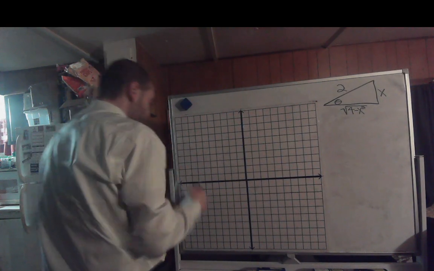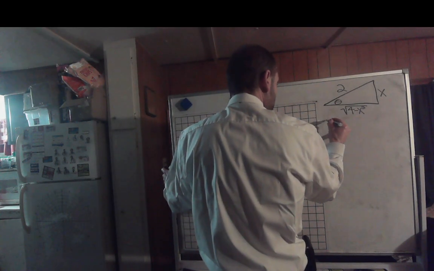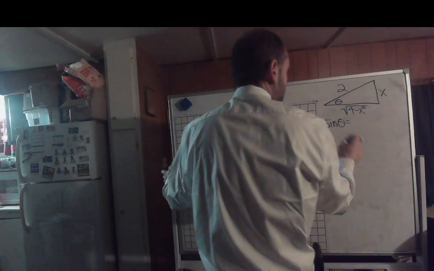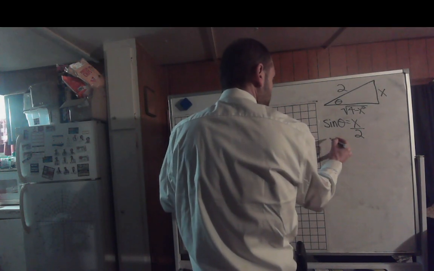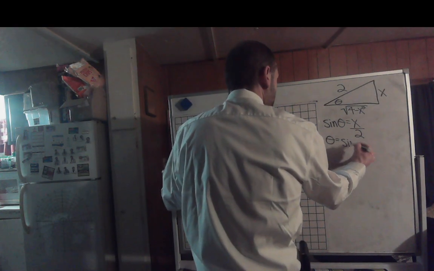So now we need to find theta in terms of the 6 inverse trig functions. Let's start with sine. The sine of theta is going to be opposite over hypotenuse, so that would be x over 2. That means that theta equals the inverse sine of x over 2.